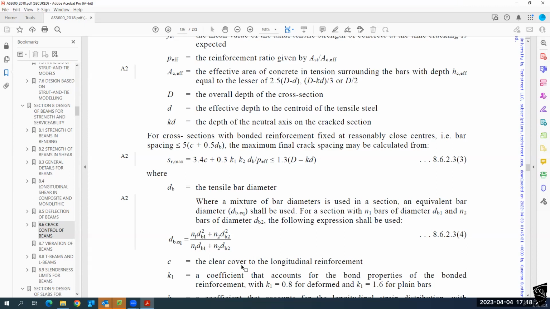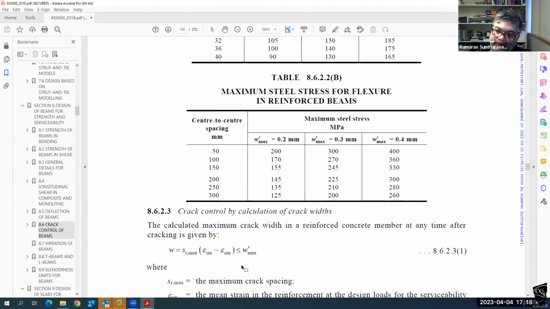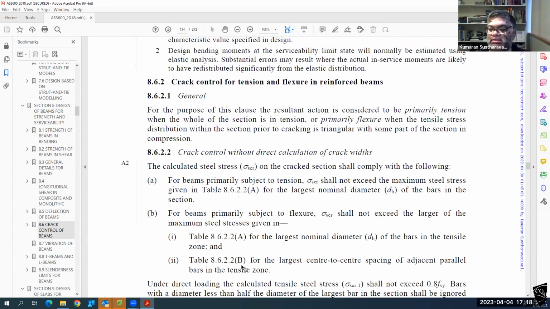If you need to calculate, you need to do it, but for inside environments, you don't need to do that. That doesn't mean you don't need to calculate, but if you have any question, you can ask. Generally, if your beam is an exterior one, I will go with the indirect method first.